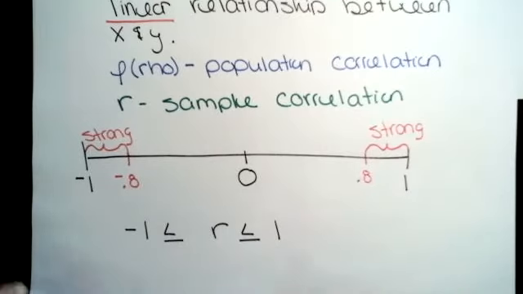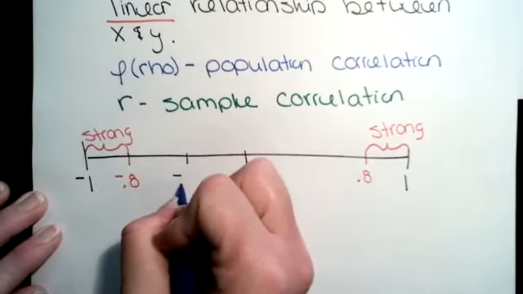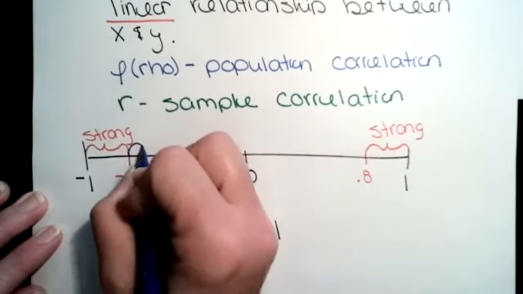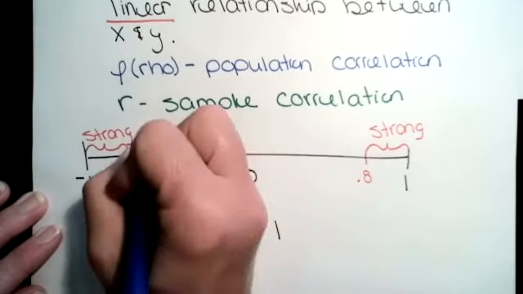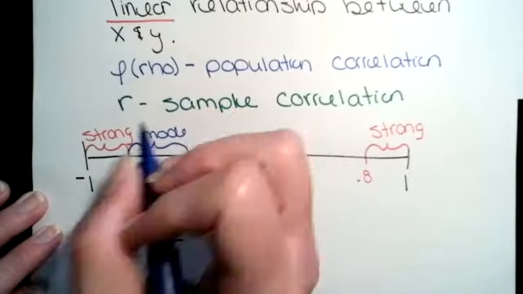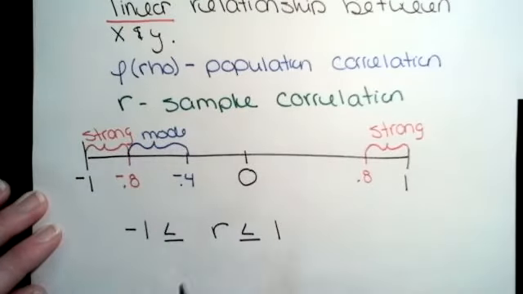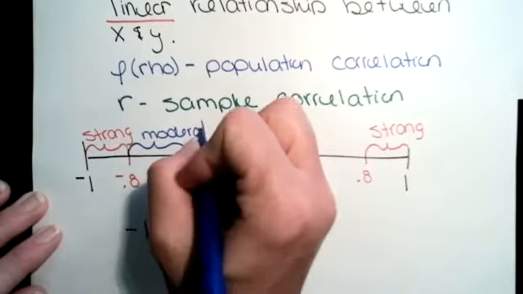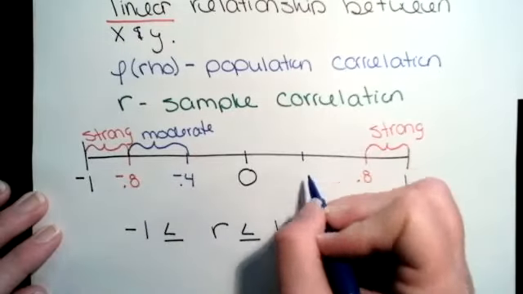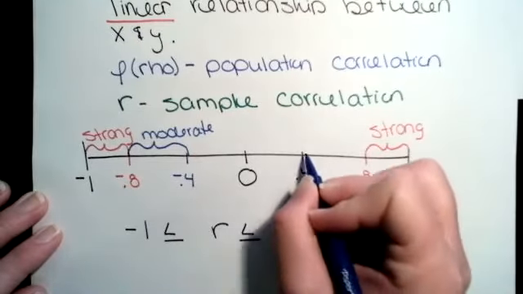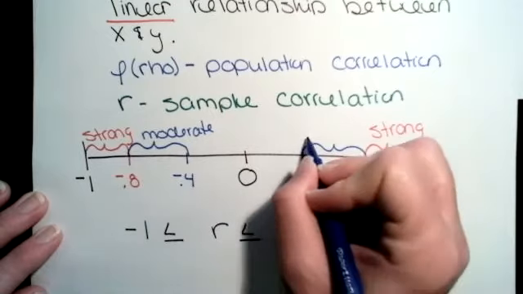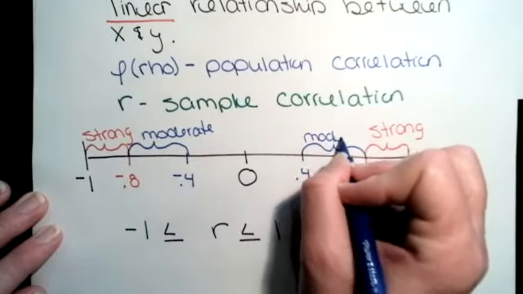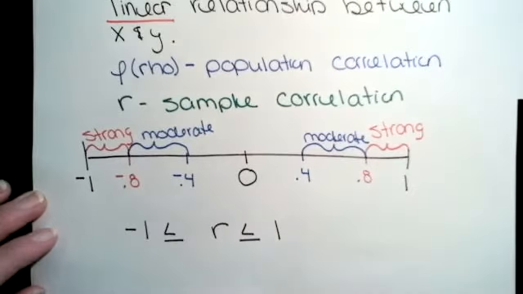Then from -0.8 to -0.4, I would consider this a moderate strength relationship. And same thing with 0.4 up to 0.8, it would be moderate in strength.